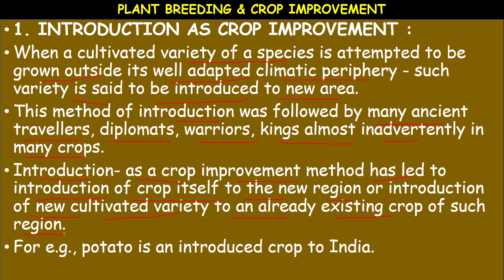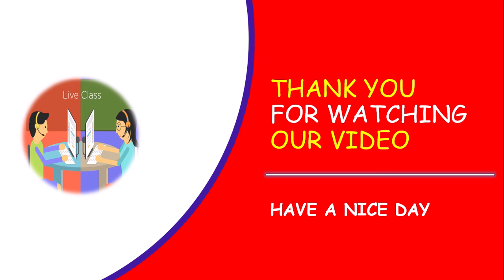Quarantine means the plant must be placed somewhere and observed whether it is tolerant to that particular area, and whether any disease it is carrying, and all those things. It is called the quarantine test. Then they will introduce it to the new area. Okay. So, here the best example, potato is an introduced crop to India.